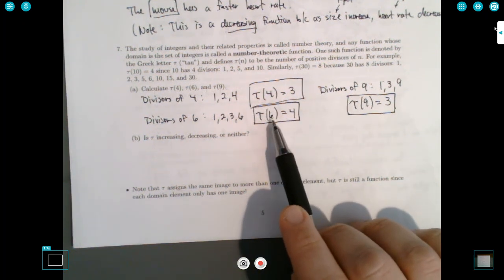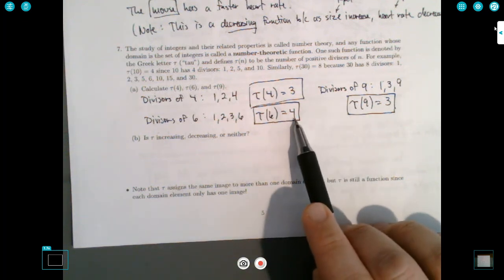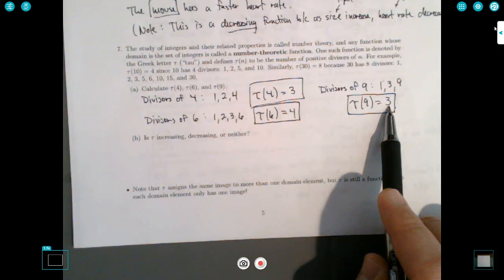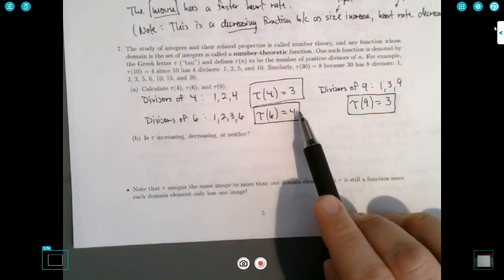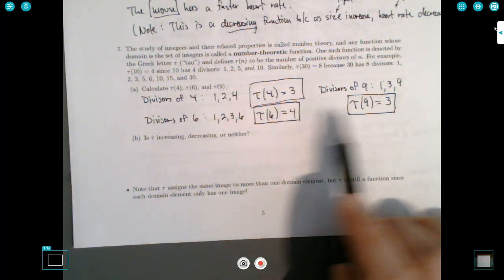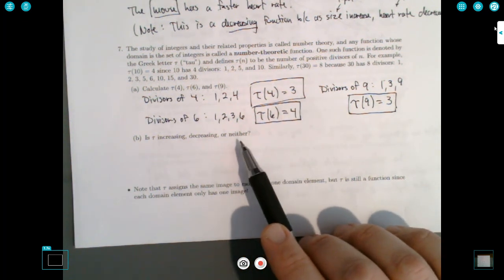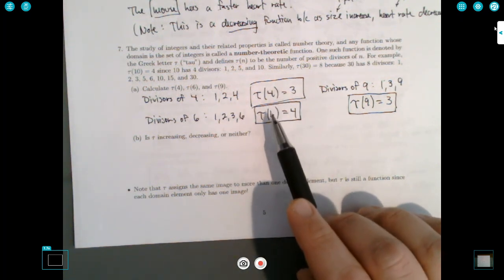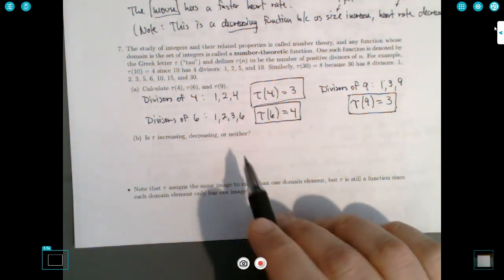But notice that when we increased the input again from 6 to 9, the output decreased from 4 back down to 3. So it increased from here to here, but then it decreased from here to here. And so that means this function is neither. It's neither increasing nor decreasing. Between some numbers it'll increase, and between other numbers it'll decrease, so we can't say that it's always increasing or always decreasing. So it's neither.